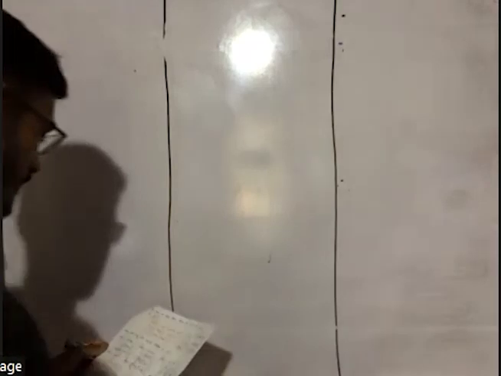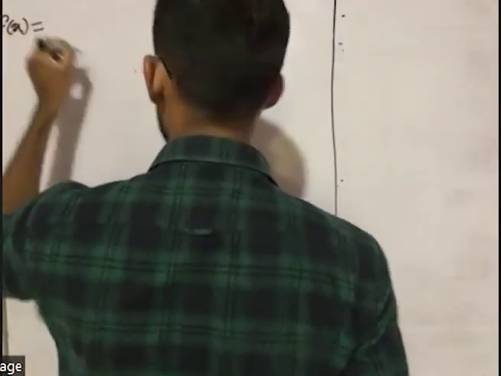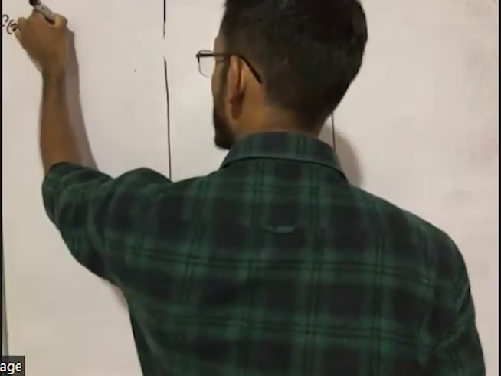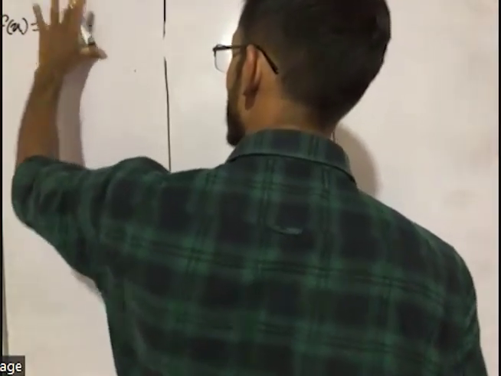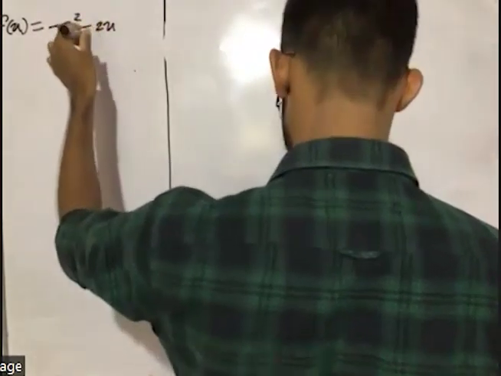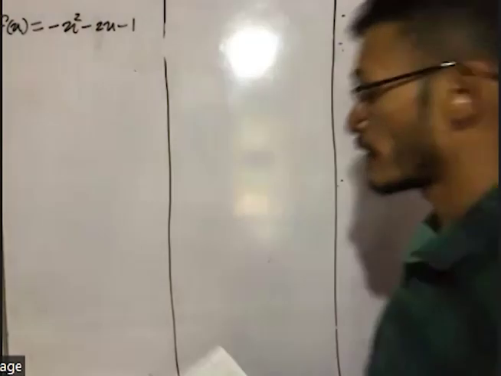First one is f(x) equal to minus x square minus 2x minus 1. This is the first function I am going to use.